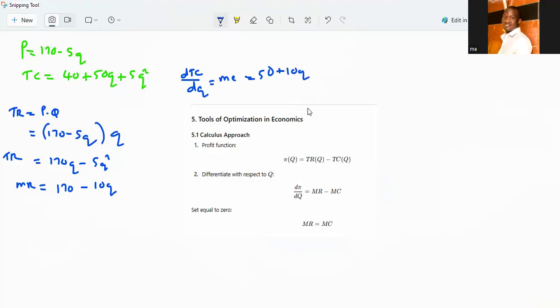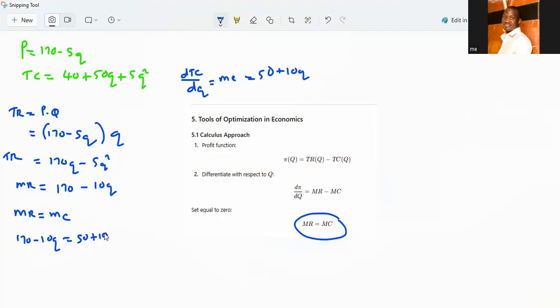So how do we maximize profit? When marginal revenue is equal to marginal cost. So let's equate these two. Marginal revenue should be equal to marginal cost. So marginal revenue is 170 minus 10Q. And our marginal cost is 50 plus 10Q.